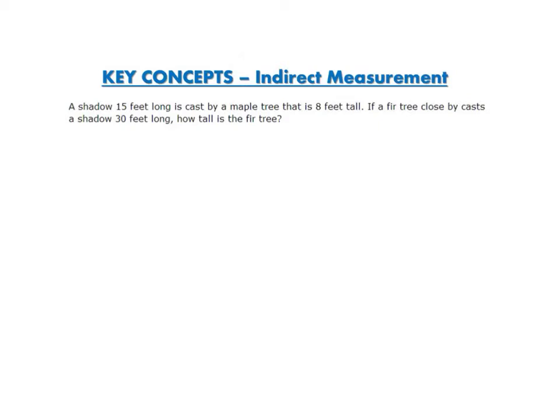You've got 2 sentences. We have a shadow that's 15 feet long that's cast by a maple tree. The maple tree is 8 foot tall. The fir tree casts a shadow that's 30 feet long. How tall is the fir tree? You're going to make again a proportion. We have a 15 foot long shadow. Maple tree is 8 feet.